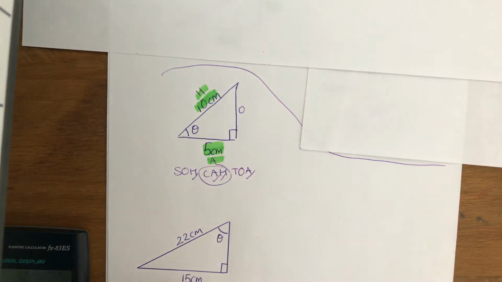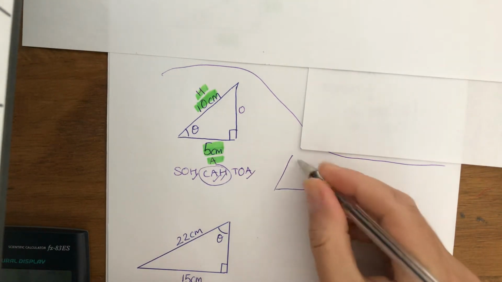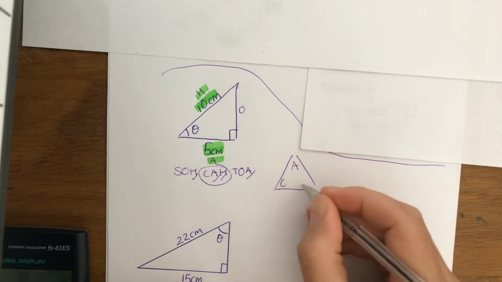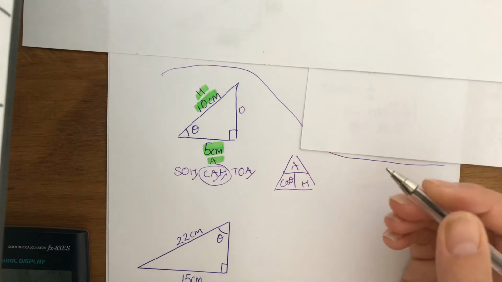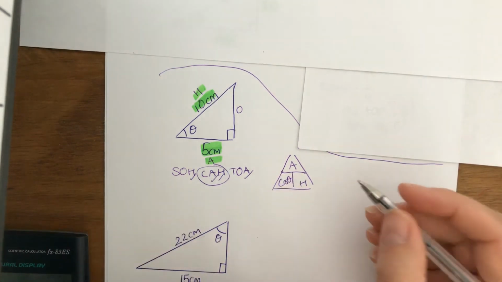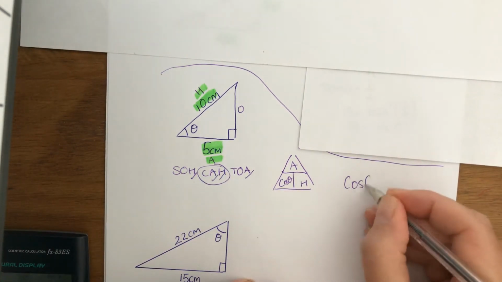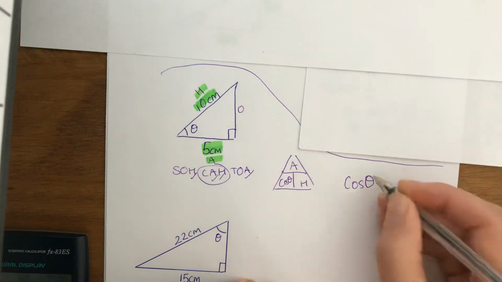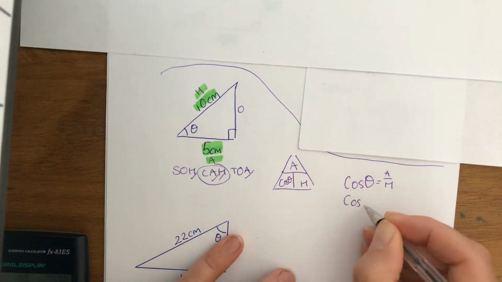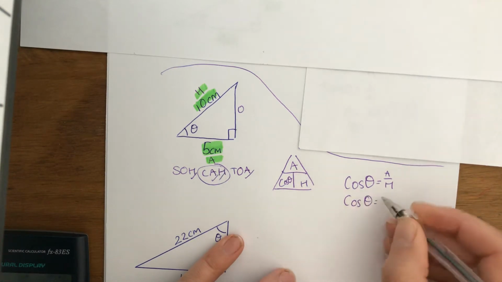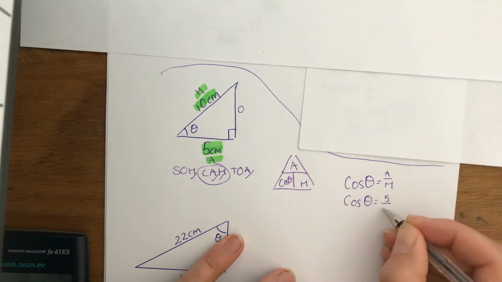2 ticks in cos. So you draw your triangle CAH. C stands for cos of the angle. So again, that's the one we want to find. So cos of the angle is adjacent divided by hypotenuse. Cos of the angle, the adjacent was 5, the hypotenuse was 10.